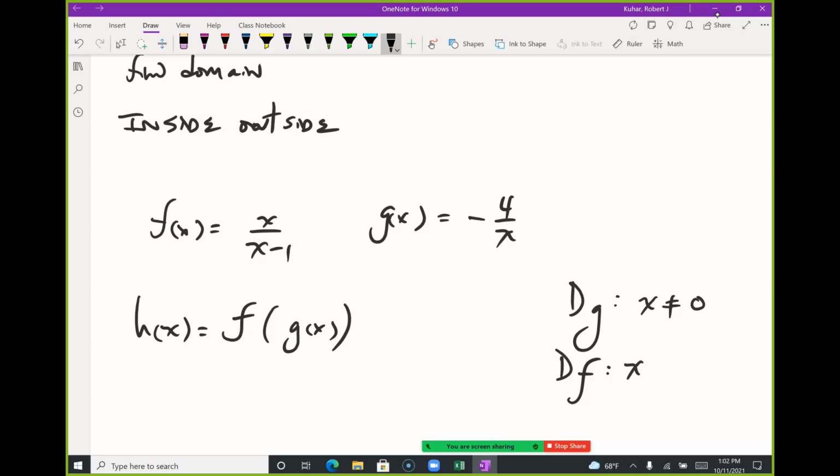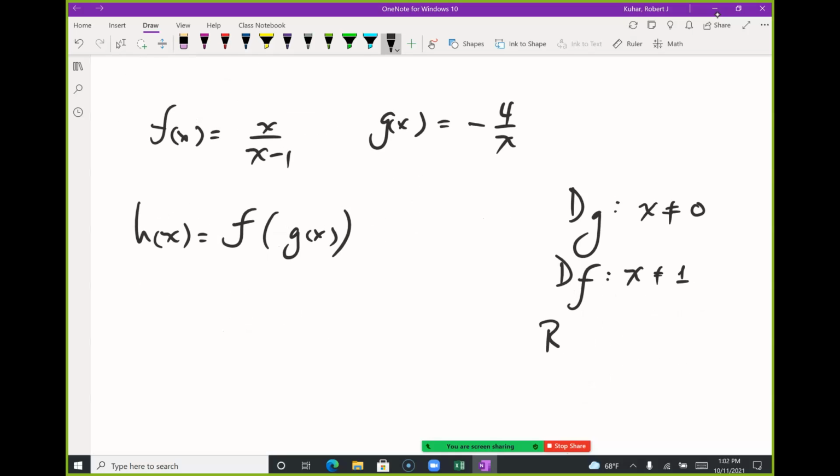Everything except 1. Nice. So I want a range of g so that y does not equal 1. Because remember, my output of g is going to go into the input of f.